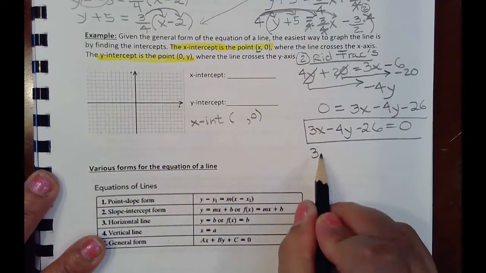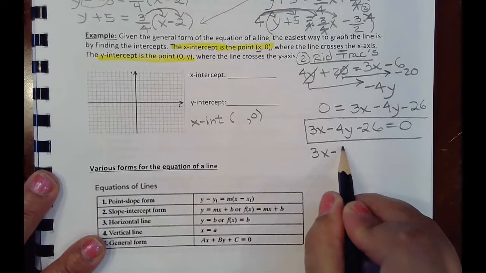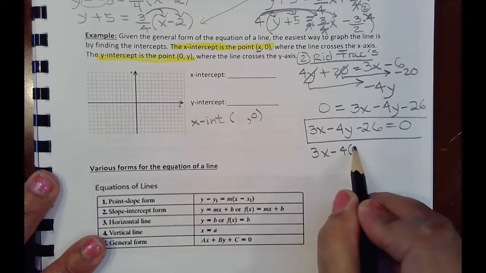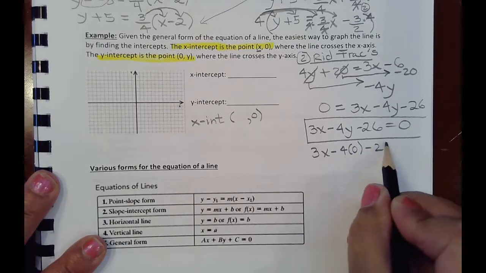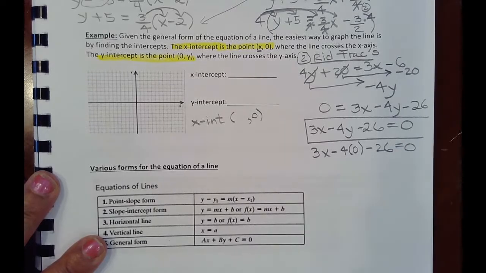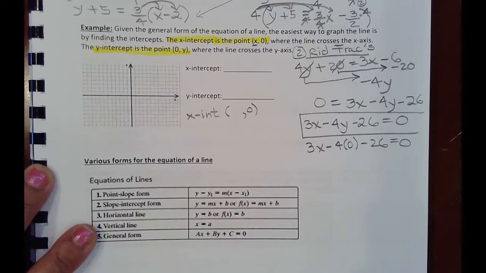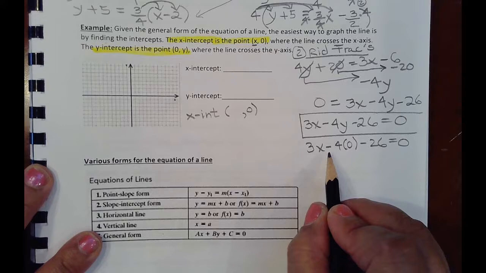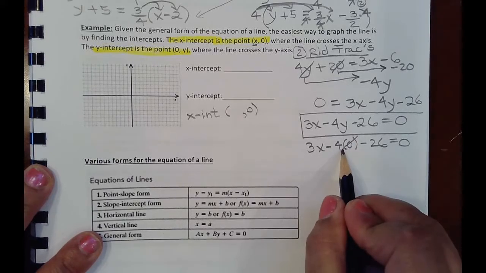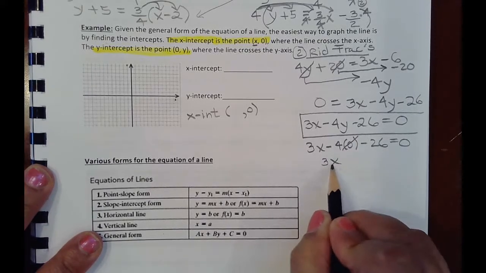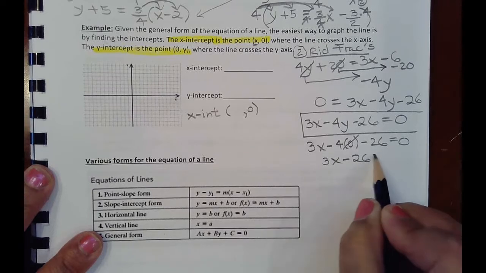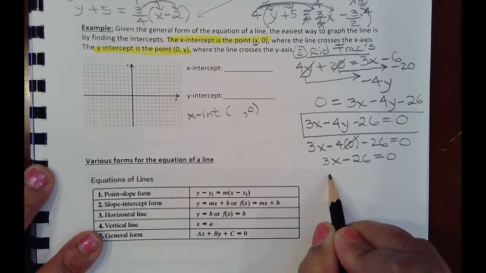Okay, so this is going to be 3x minus 4 times y. Let the y be 0. That means plug in a 0. Now solve for x. This will be negative 4 times 0. This is 0. So right now you're looking at 3x minus 26 is equal to 0.